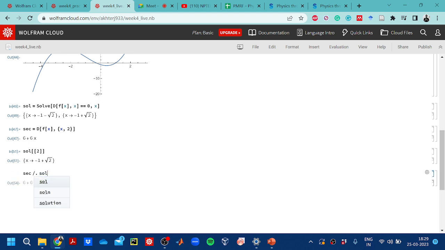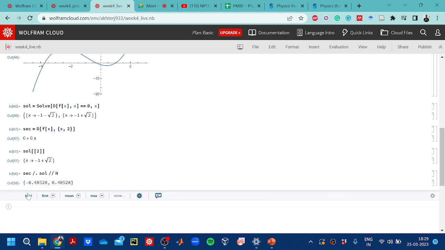If we want to see both at the same time, we can write only this. Let us simplify that. Yeah, so we can see that this second order derivative value is negative and this one is positive.